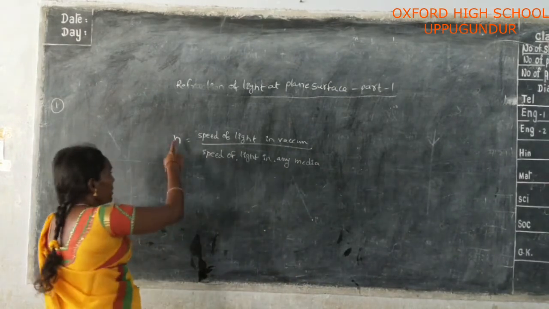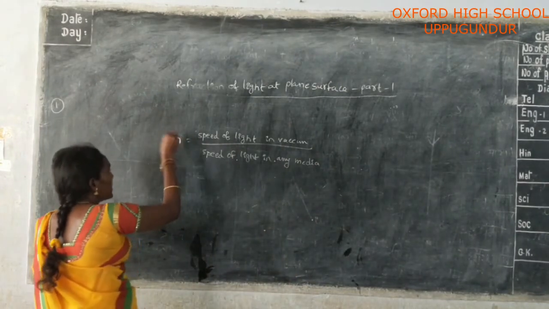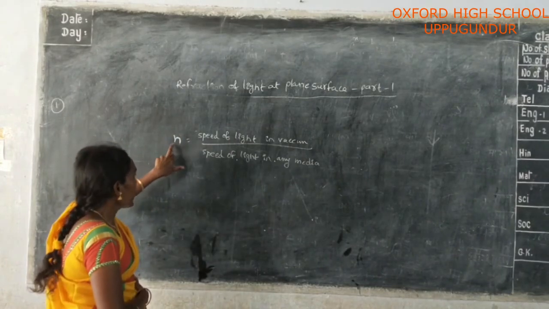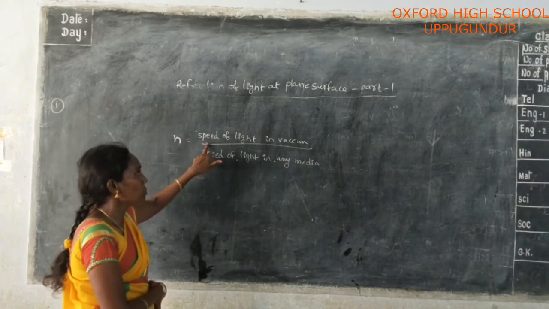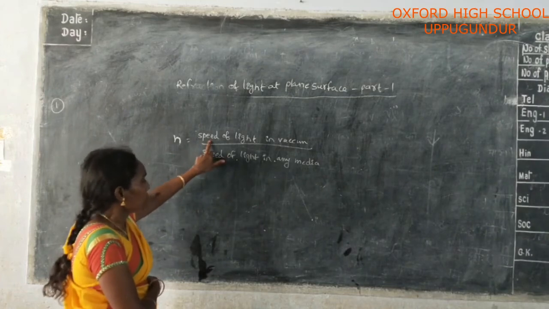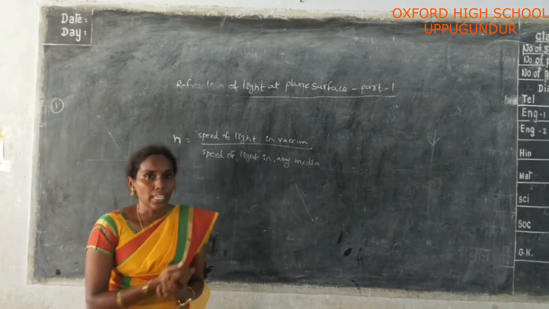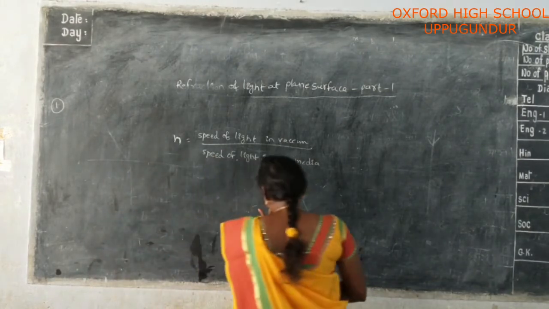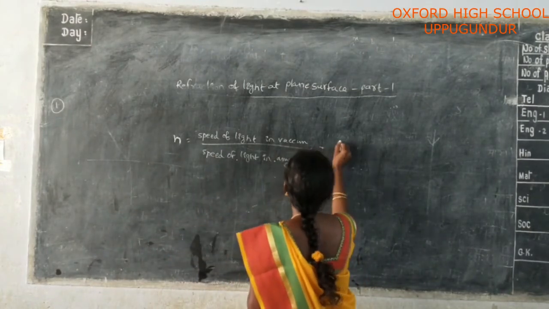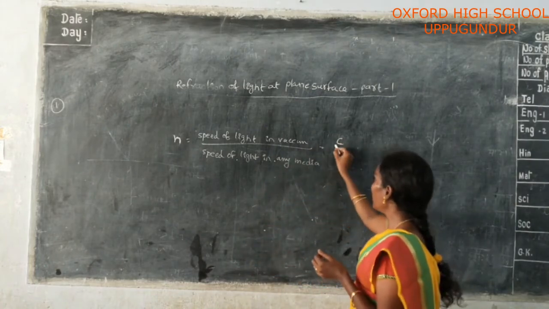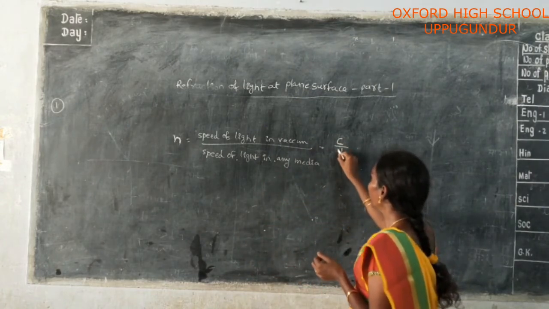Small n is the refractive index. Speed of light in vacuum is represented by the letter C. Speed of light in any media is represented by the letter V.